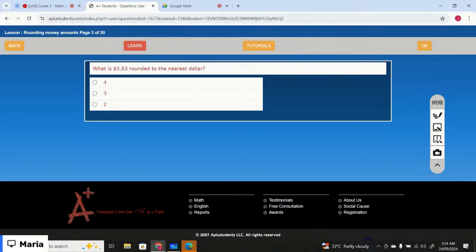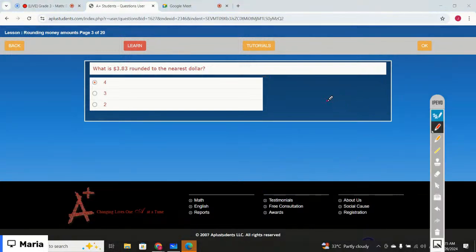What is 3.83 rounded to the nearest dollar? So which is the correct option? 3.83 is rounded off to 4.